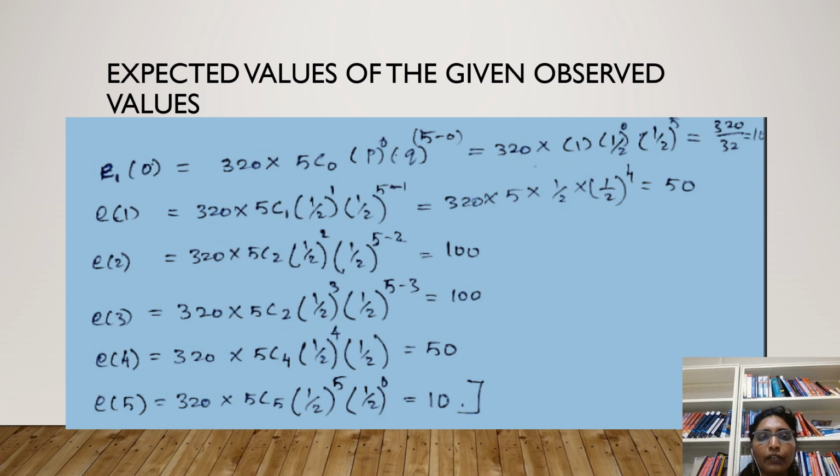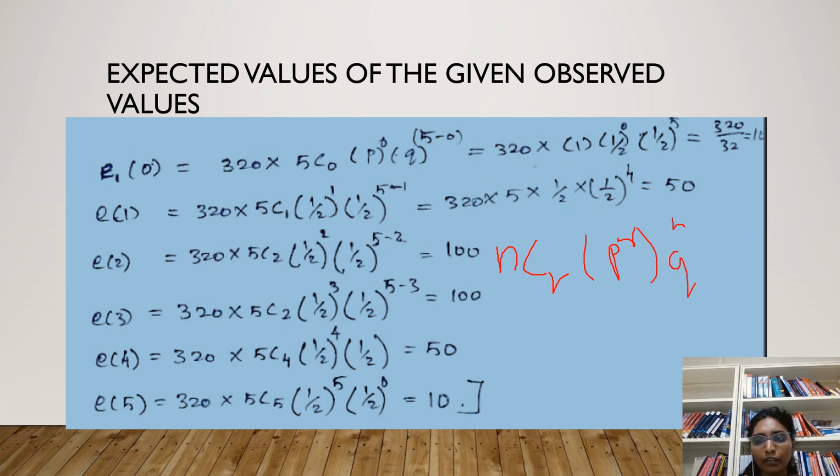So here we have to calculate the expected value by the binomial distribution, because this problem comes under the category of coin tossing problems. A coin tossing problem comes under the binomial distribution. The probability of getting R successes in the binomial distribution is nCr into p power r into q power n minus r.